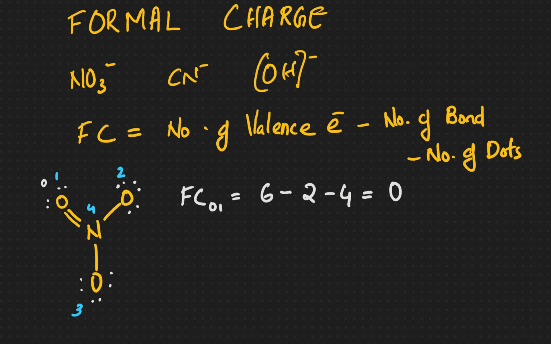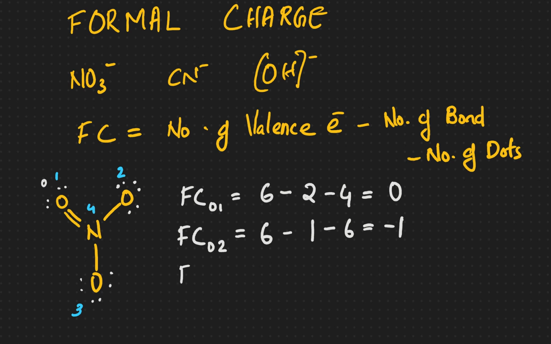Going to the next oxygen, number 2, it is 6 valence electrons minus 1 bond minus number of dots, which are 6, so there is a minus 1 charge.